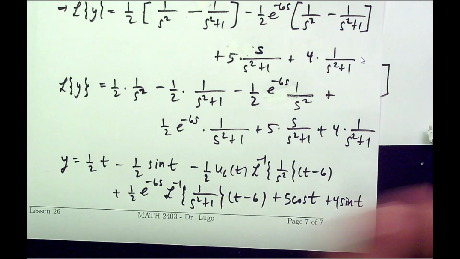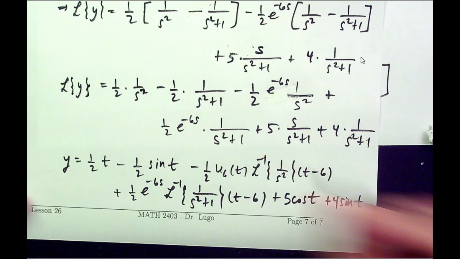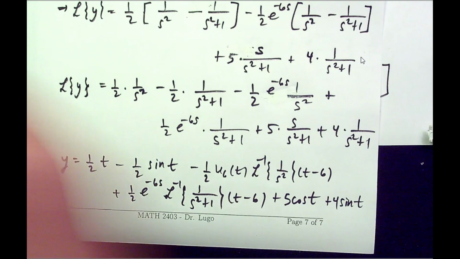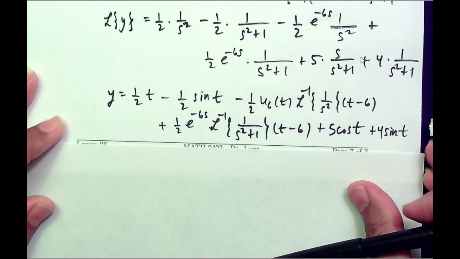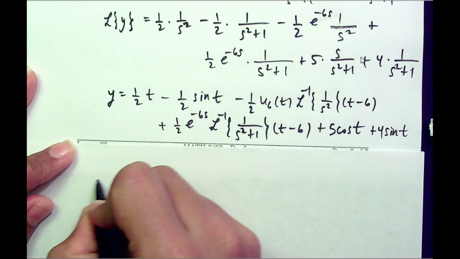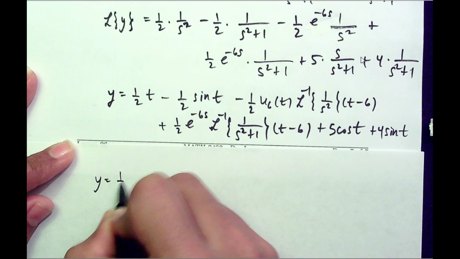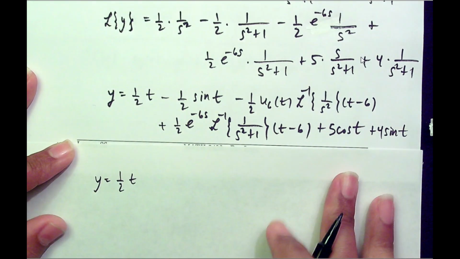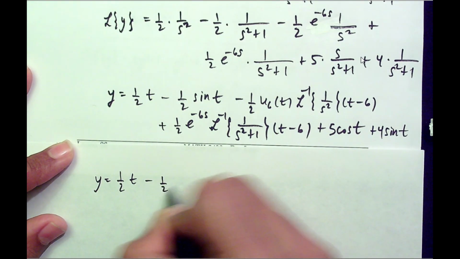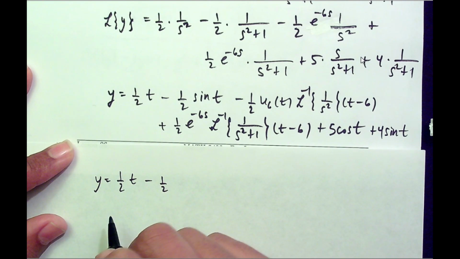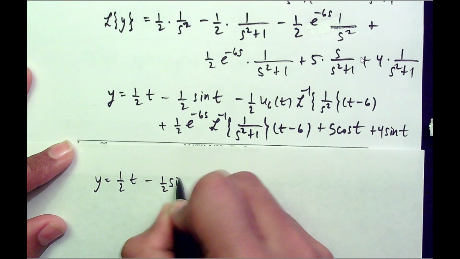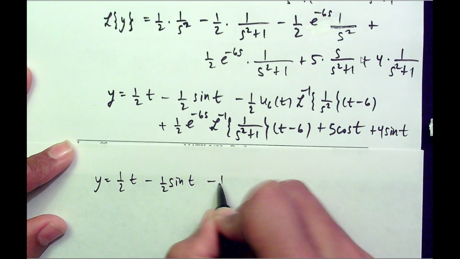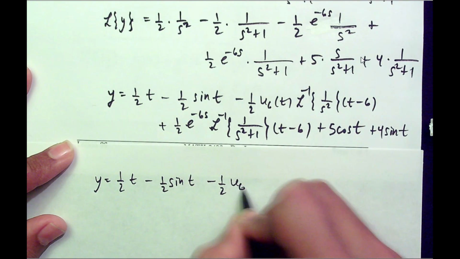And now we're almost done. So the answer is going to be y equals 1 half t, or just t over 2, minus 1 half sine of t minus 1 half u6 of t.